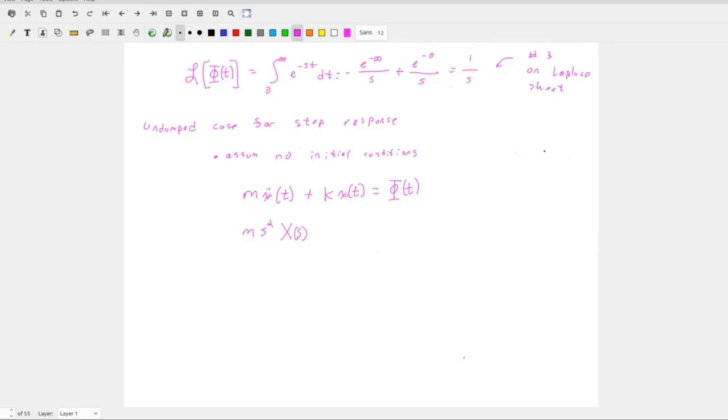We've been writing it, but maybe we'll just drop it this time. So we'll drop those, and then we have plus, do we have a damping term? No. And so what's the Laplace of just x? X of s, right? Plus k X of s, and then the Laplace of phi, 1 over s.